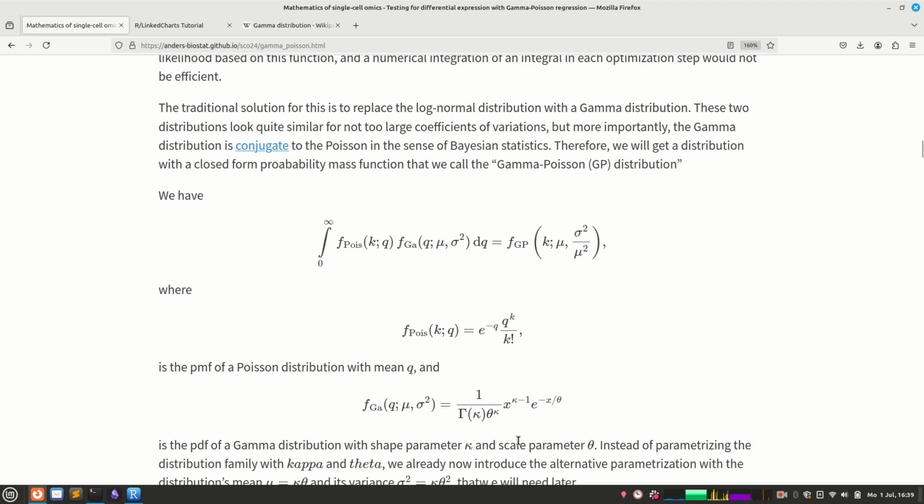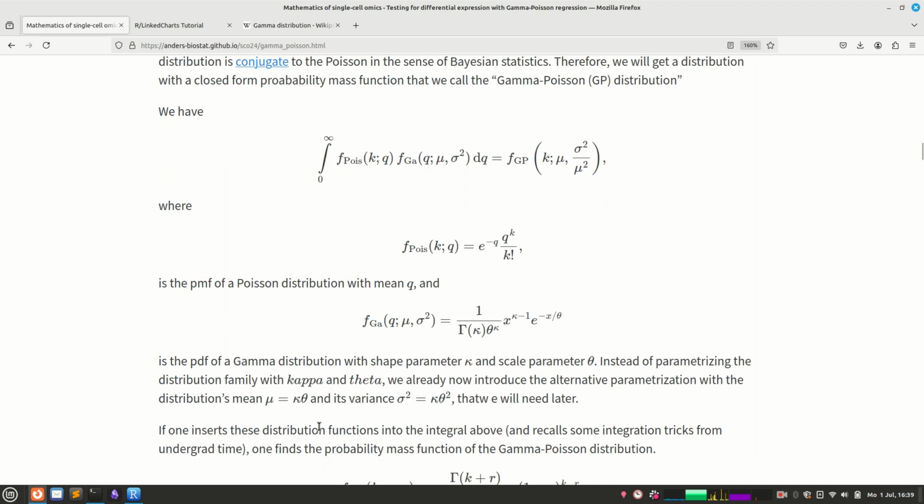So in here, this is the gamma distribution, and this is the Poisson distribution. In the Poisson distribution, Q is the mean. In the gamma distribution, mean and variance are related to the shape and scale parameters via mean is kappa theta and sigma squared is kappa theta squared.